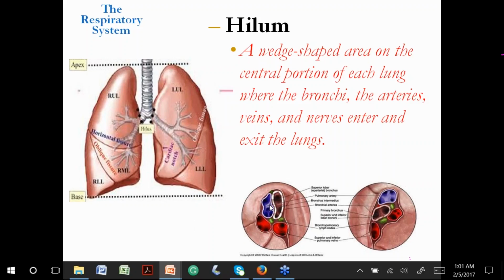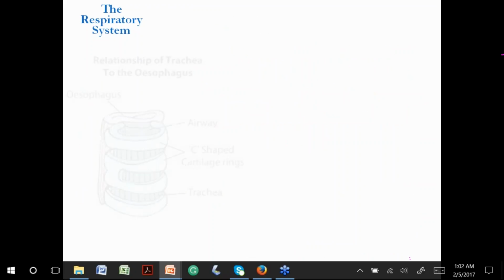The pulmonary artery is going to carry deoxygenated blood, and the pulmonary veins are going to carry the oxygenated blood, right? So what is the hilum? The hilum is the entry or exit of the structures into the lung. What can enter or exit are the bronchi, the arteries and veins. Okay. All right. So let's keep going.